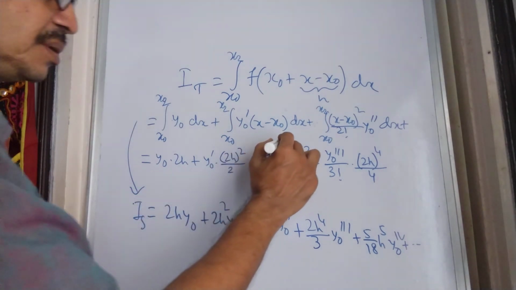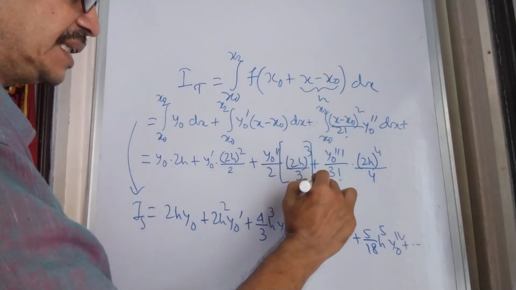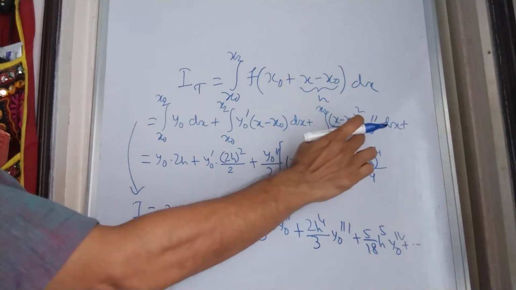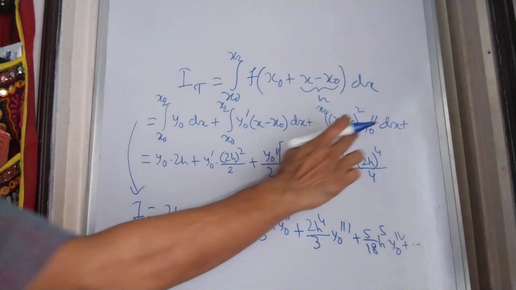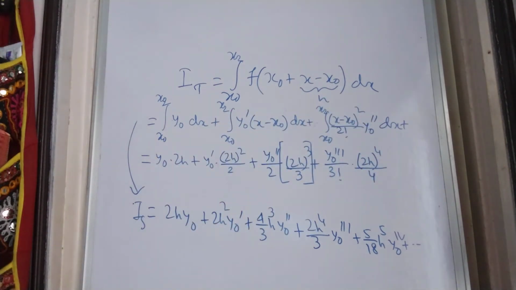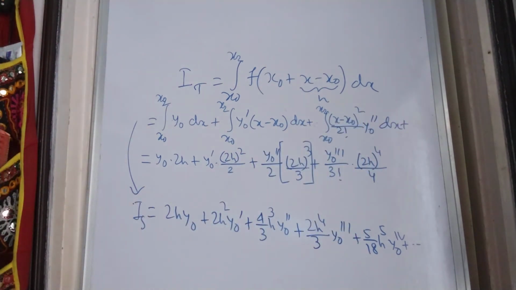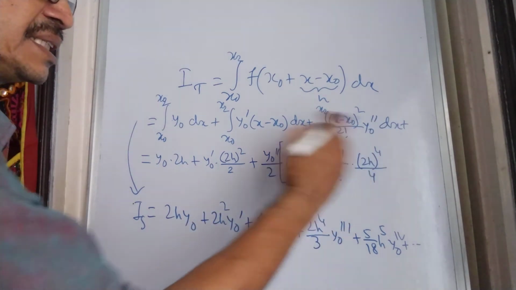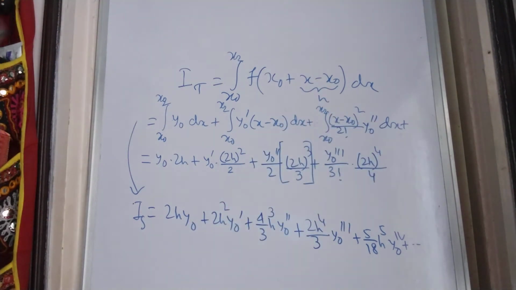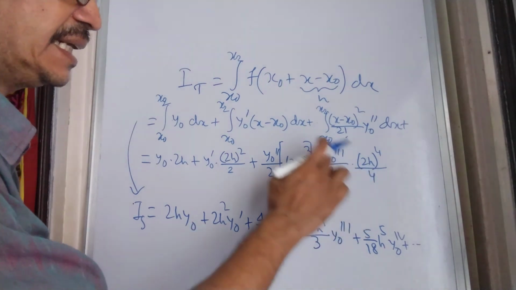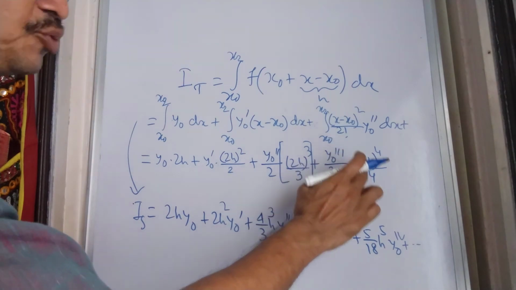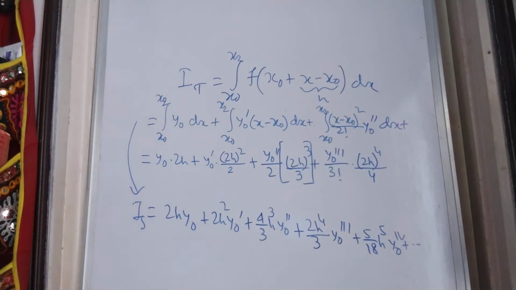The next term will be (x minus x0) whole cube by factorial 3. So y0''' by factorial 3 is taken out of the integral, and then (x minus x0) cube dx is integrated, and then we put this value. So this gives 2h to the power 4 by 4.